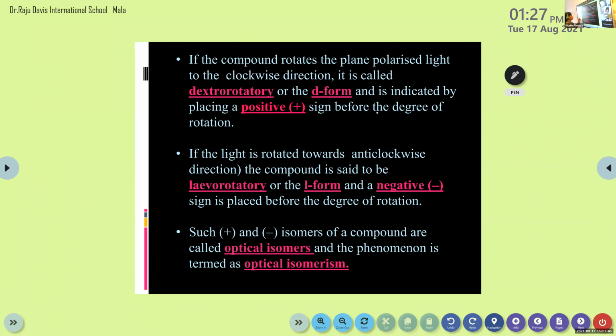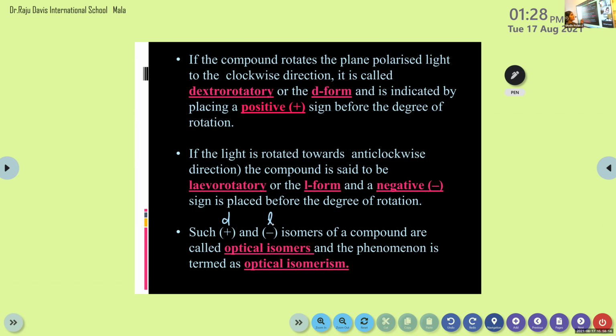Then if the light is rotated towards the anti-clockwise direction, the compound is said to be levorotatory or the L form, and a negative sign is placed before the degree of rotation. Such plus form and minus form, or the D form and L form, isomers of a compound are called optical isomers, and this phenomenon is termed optical isomerism.